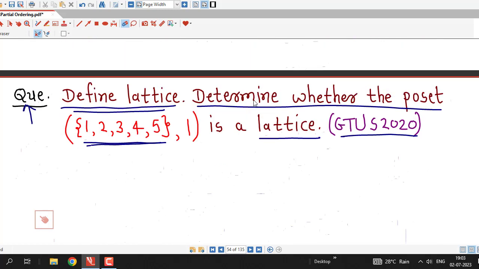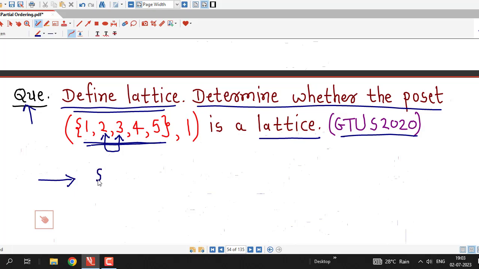If it is a lattice, then every pair of elements must have LUB and GLB in the given set. So if your partially ordered set is not a lattice, then you have to write down that pair only which does not have an upper bound or lower bound in the given poset.